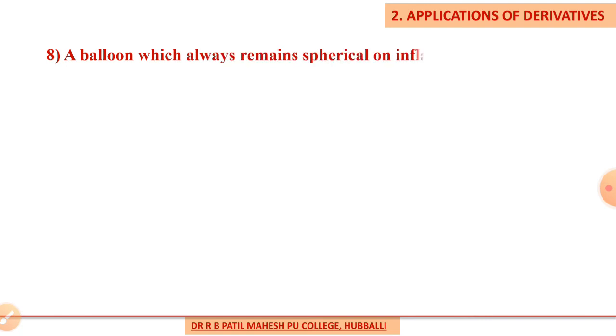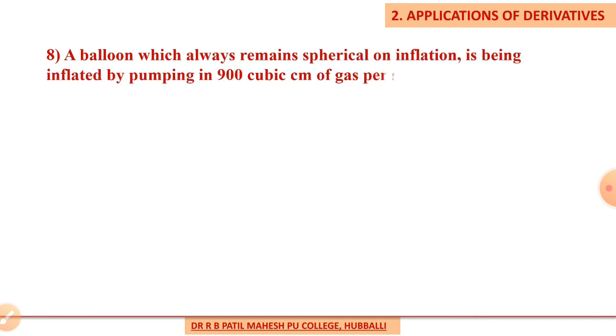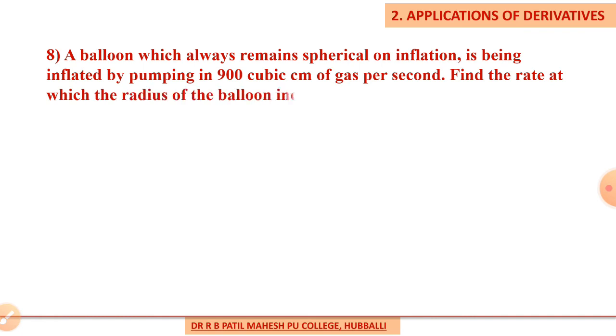Next, example number 8. A balloon which always remains spherical on inflation is being inflated by pumping in 900 cubic centimeter of gas per second. Find the rate at which the radius of the balloon increases when the radius is 15 centimeter.